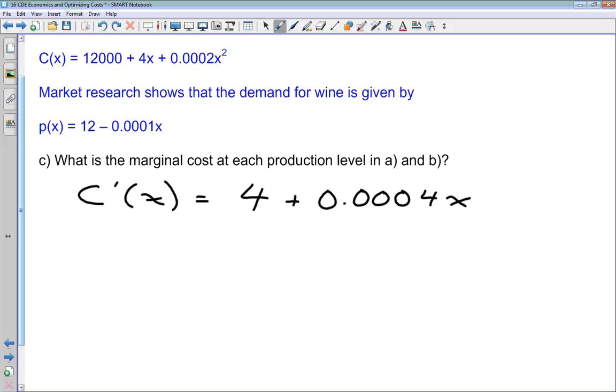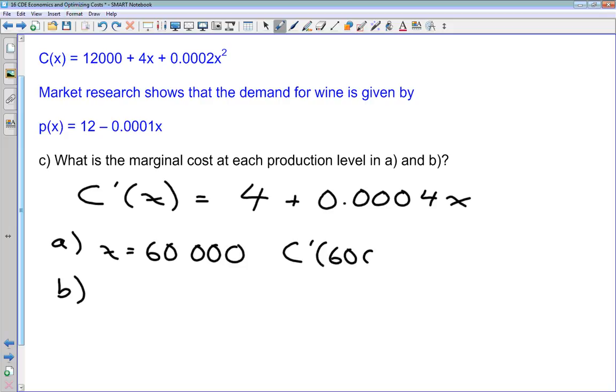And let's just take a look at our answers from A and our answers from B. So in A, we had a production level of 60,000 units. So C primed, or our marginal cost at 60,000. Now we're just subbing in and calculating.